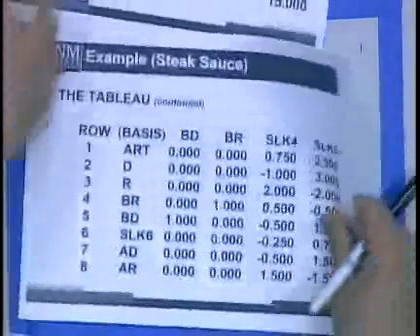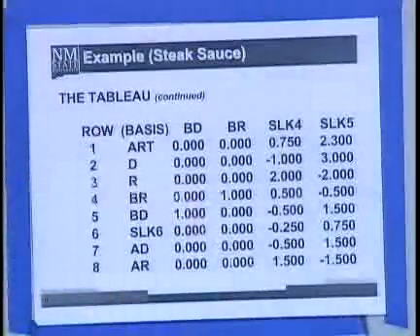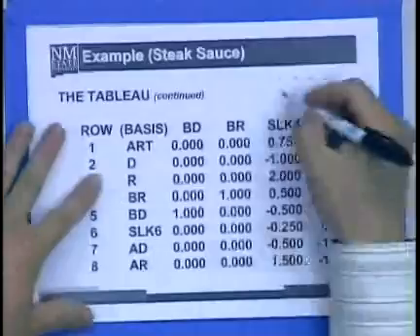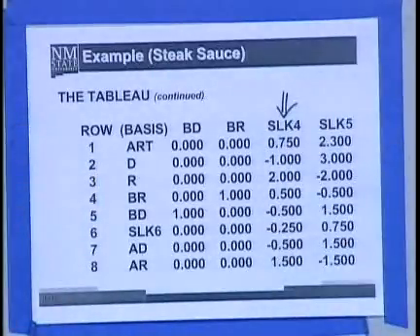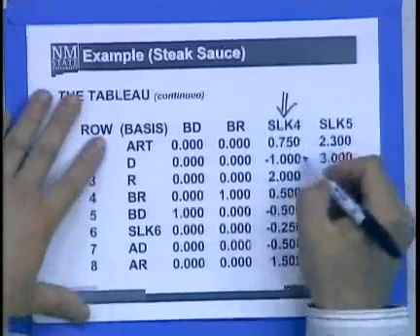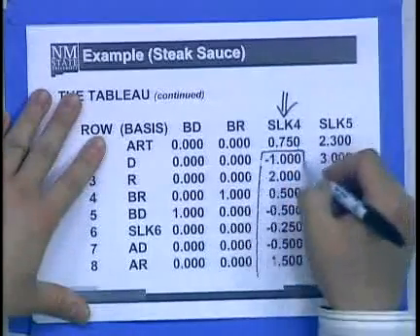To answer this question, we may use the optimal table provided by Lindo. So slack 4 becomes the entering variable. Then we need to perform the minimum ratio test.